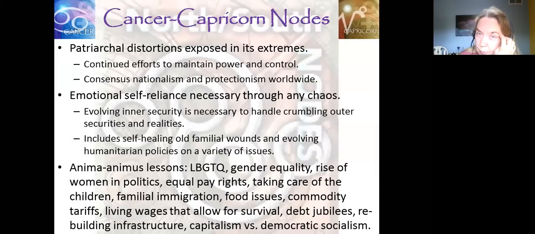So Cancer-Capricorn nodes, again, South Node Capricorn, North Node Cancer. All of the patriarchal distortions are being exposed in their extremes, emphasized by Saturn and Pluto, and soon Jupiter to follow. There will be continued efforts to maintain all the power and the control. Just look around you. And if you're in the United States, look what Mitch McConnell, who runs the Senate, said.